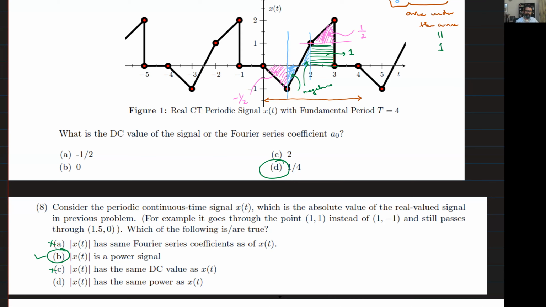Here we're just required to find the power, and the power is equal to the integral of the absolute of x of t squared dt, right? And that's the key here, as somebody said.